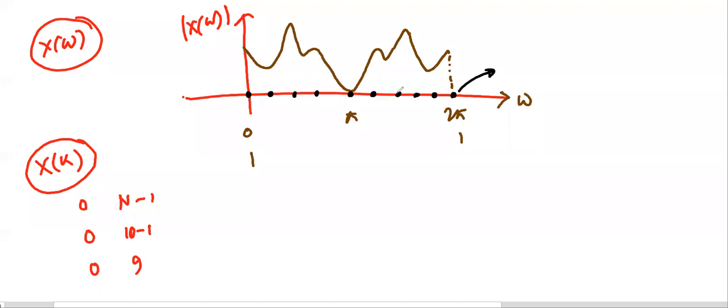So in this scale, this black one, this is the scale of k. So how does the xk look? It certainly looks like this. At the 0th sample, we have the stem. At this one, we have the stem. At this one, try to understand, we have the stem here. We have stem there, and so on.